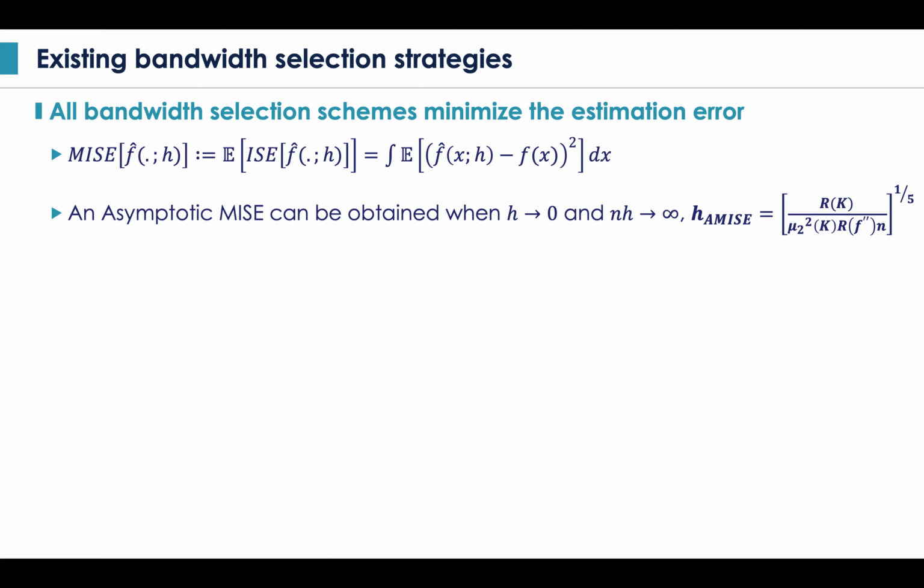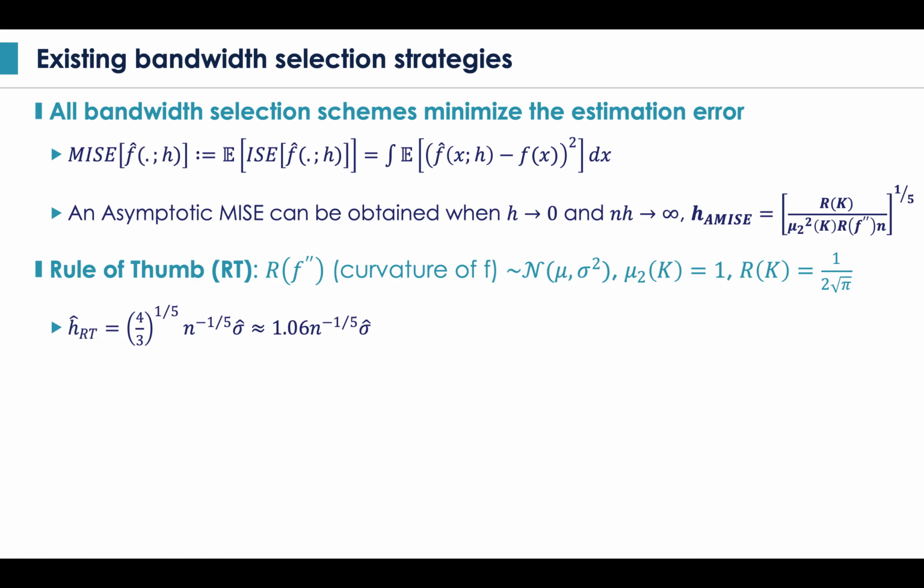For minimization purposes, we need an asymptotic MISE, which we can obtain if we have h tending to 0 and nh tending to infinity. So we get this term on the right, that's the h MISE. I won't go into details of this derivation. Let's assume this is the form and quickly look at the derived forms from this general expression.